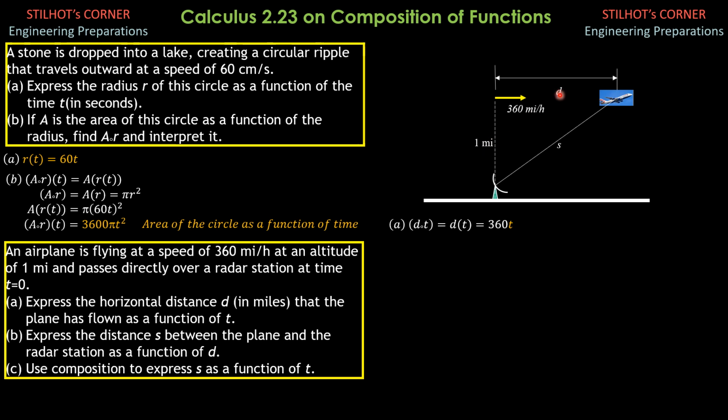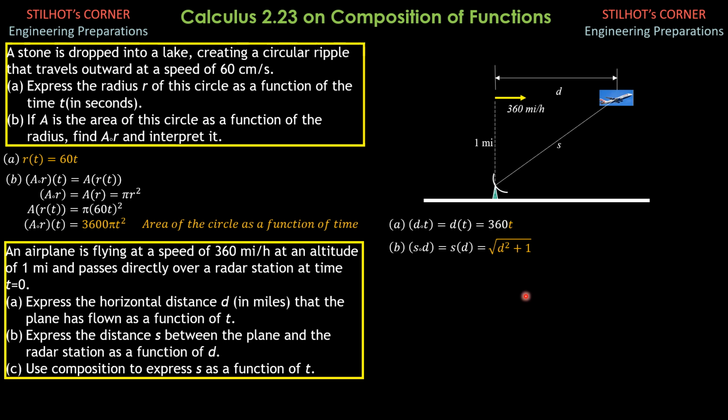We just call it d because the condition is to express s as a function of d. So by Pythagoras theorem, s of d equals the square root of d squared plus 1. So that's it for part B.